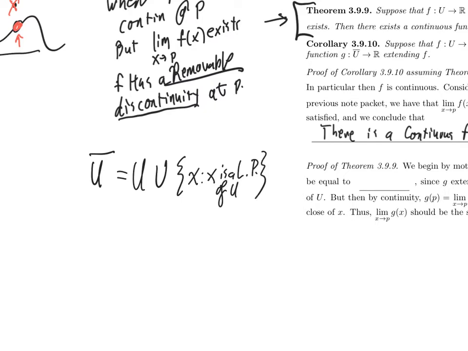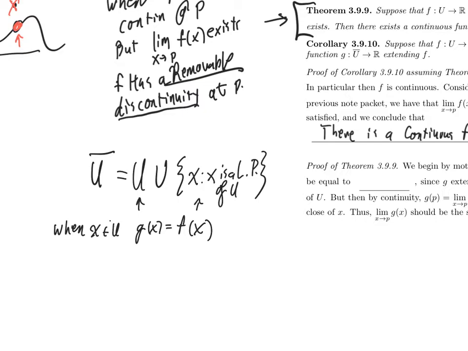That's what I need. That's the set. So that means I need to come up with a function that's defined on U and on these points. Let's see, when x is in U, then g of x has to be f of x, right?